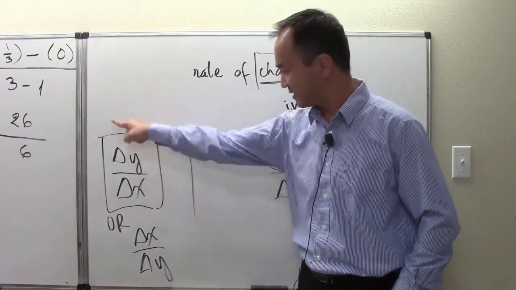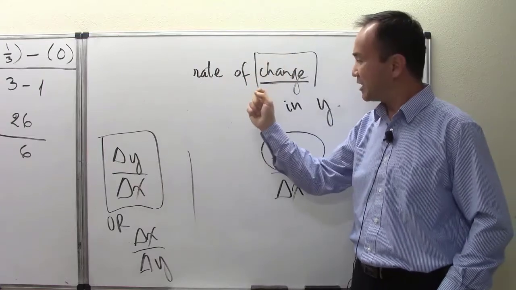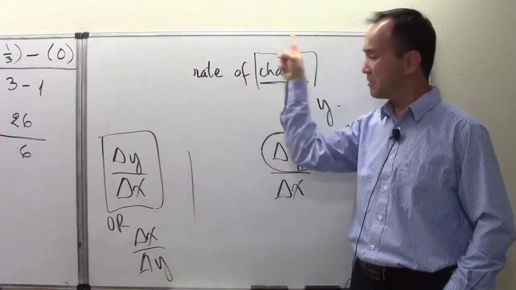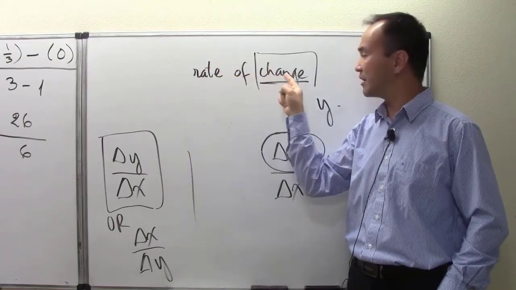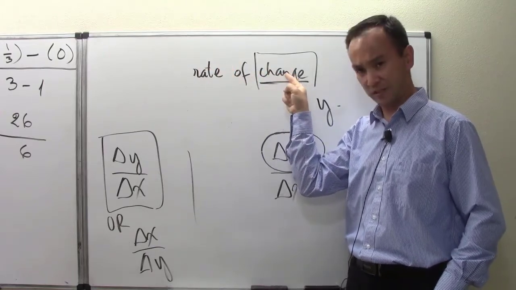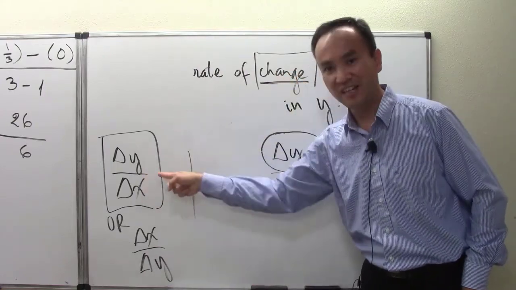Simply because this fraction already tells the intention that anytime people mention rate of change, they're looking for the change in the output values, okay, per change in the input value.